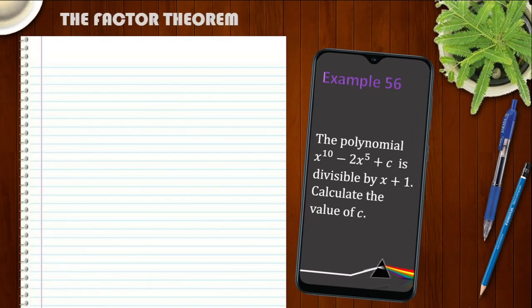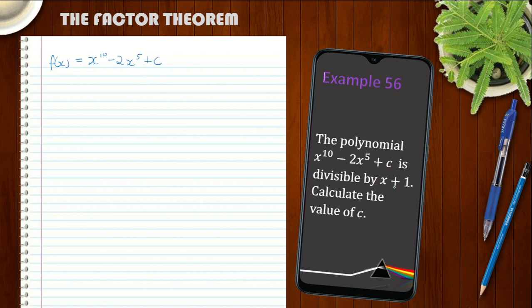Right, example 56. This is where it gets a bit more interesting again. It says the polynomial x to the power of 10 minus 2x to the power of 5 plus c is divisible by x plus 1. Calculate the value of c.